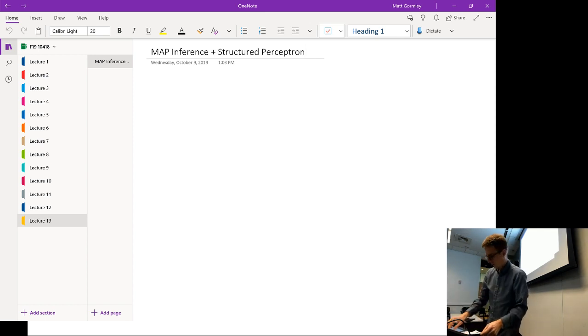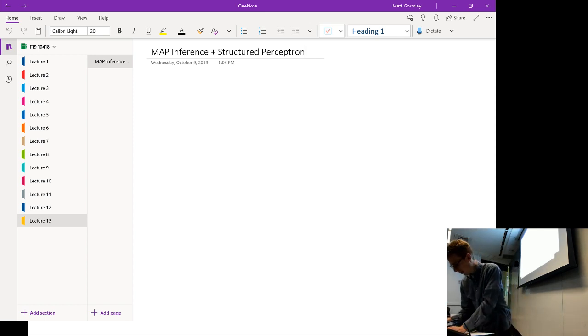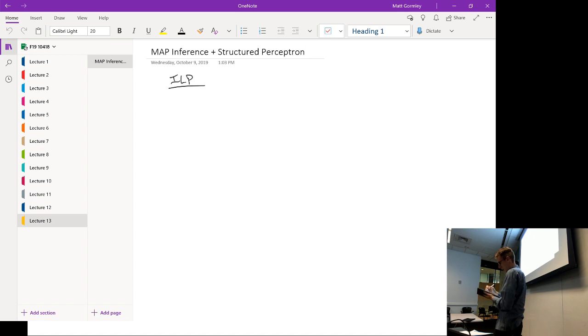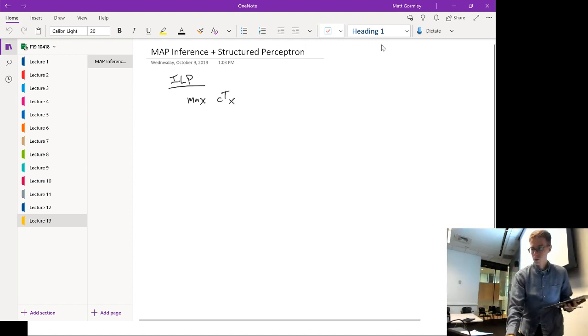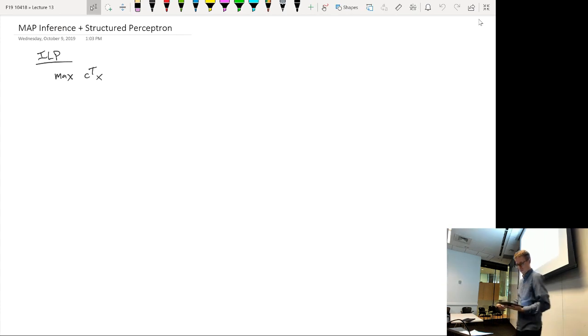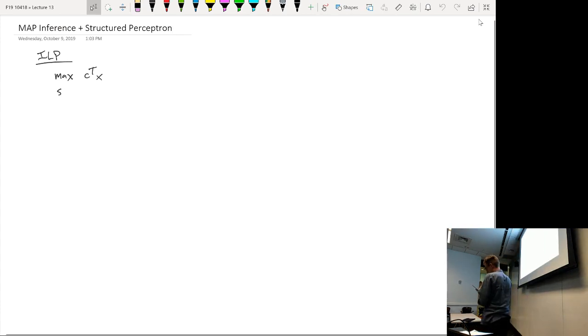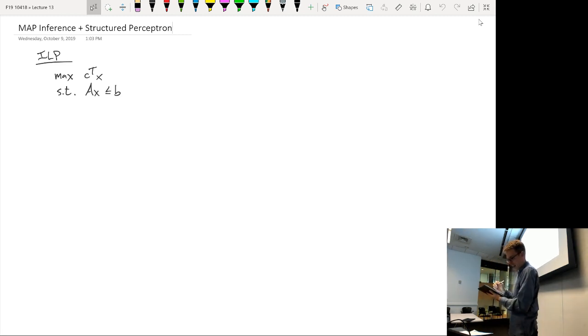So the idea here is that, as before, we're trying to solve some ILP, and so that's going to be some max over c transpose x, such that Ax is less than or equal to b.